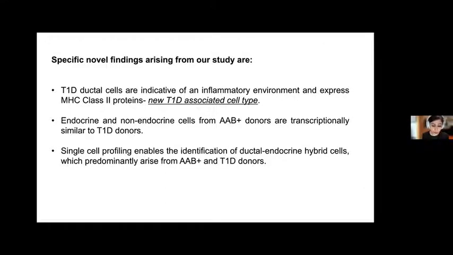In the most recent data that we have, which I probably don't have time to talk about today, we are really struck by finding that the ductal cells in type 1D donors have a lot of resemblance to the dendritic cells themselves.